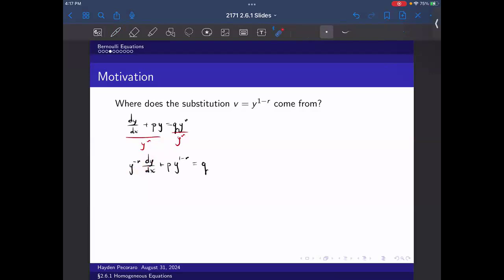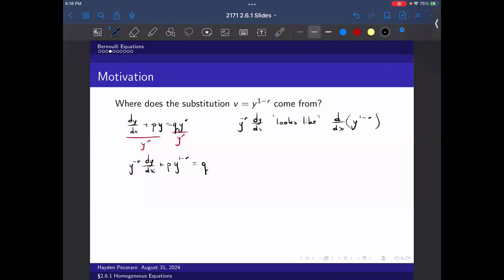So if we take a look at this derivative, well, what does that look like? That looks like the derivative of y to the 1 minus r.